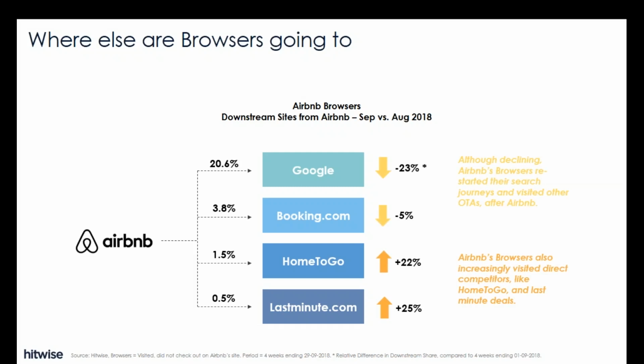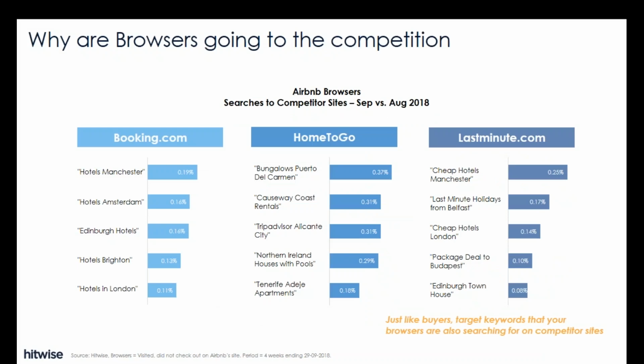And like what we saw with the Admiral example, we can use search insights to understand a little bit deeper as to why my browsers are going to the competition. So a couple of call outs here. My browsers, they're searching for generic hotels like Manchester, Amsterdam, and Edinburgh on booking.com.